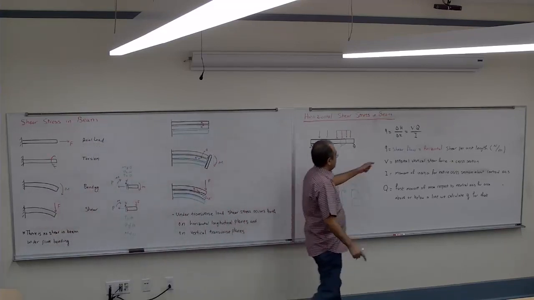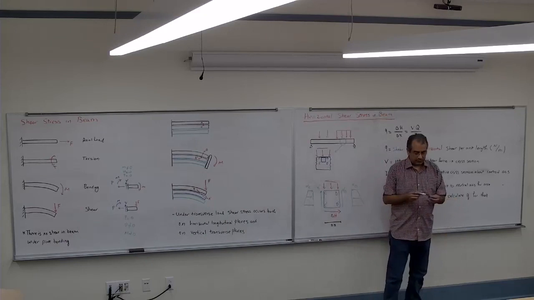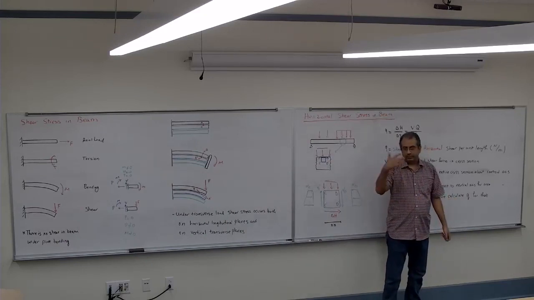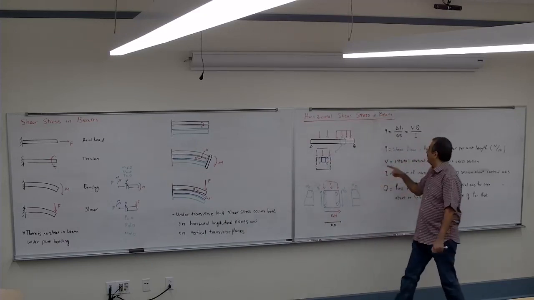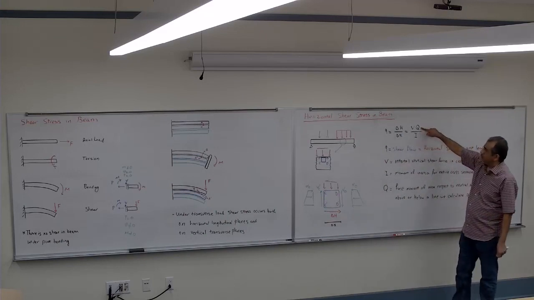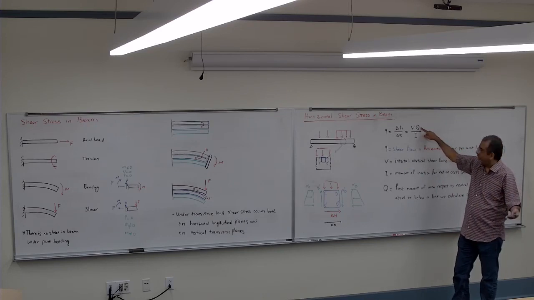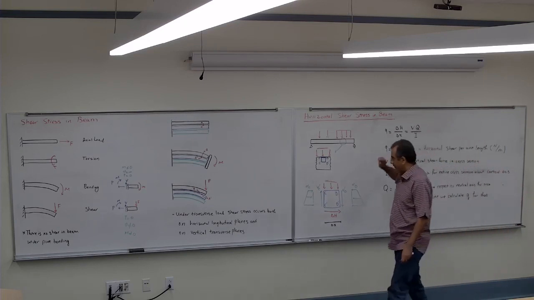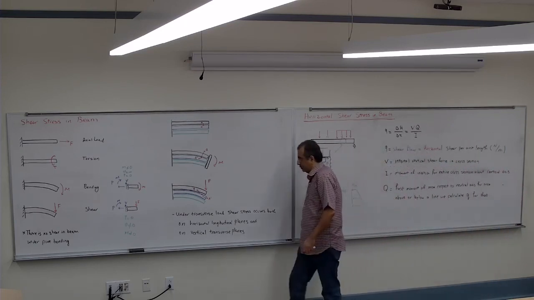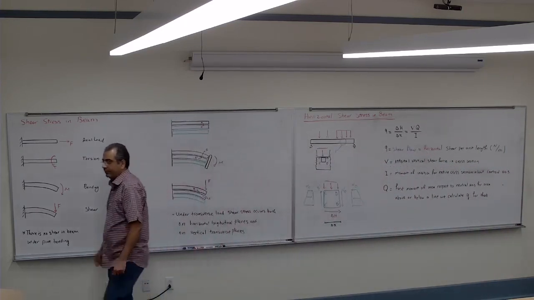The I, again, is the moment of inertia for a cross section, which we practiced many times. The only one that needs to be calculated is the Q. It's very simple to calculate but a little bit confusing. If you get how to calculate it, it's relatively simple. So I'm going to show how to find the Q.